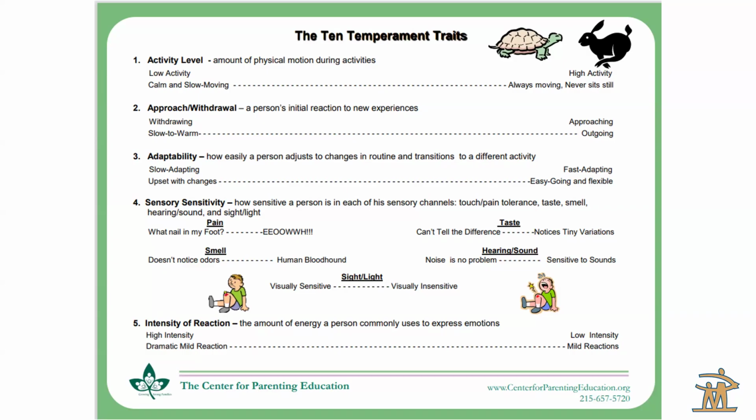Some kids are withdrawn, they're slow to warm up, whereas other kids are extremely outgoing. They don't really have a fear of meeting new people. They'll talk to anyone. So just look at the difference in how that can affect how a child moves through time and how other people react to them.